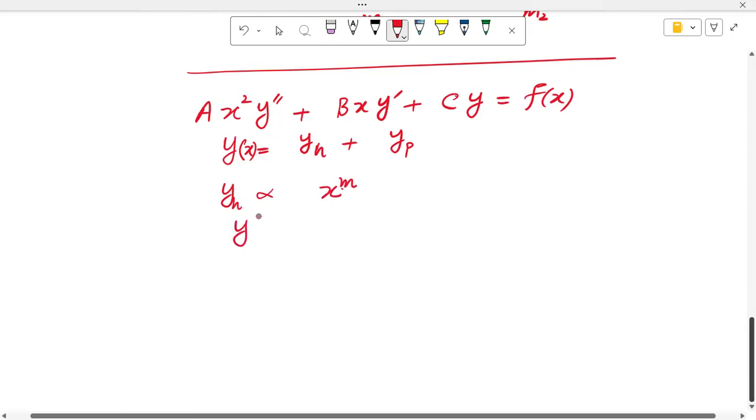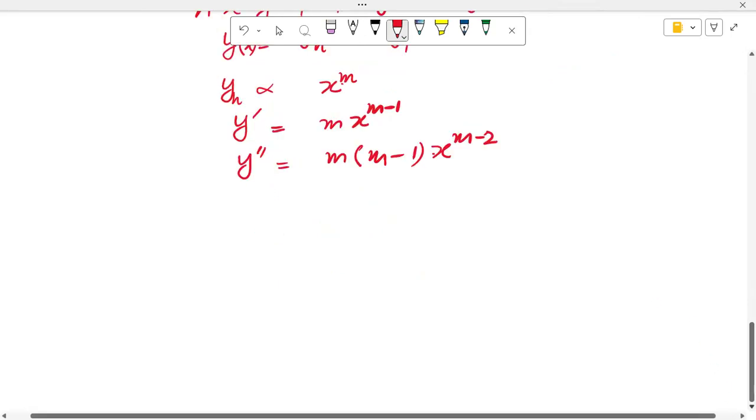So with this one, y prime will be equal to m x raised to the power m minus 1, and y double prime becomes m times m minus 1 times x raised to the power m minus 2.